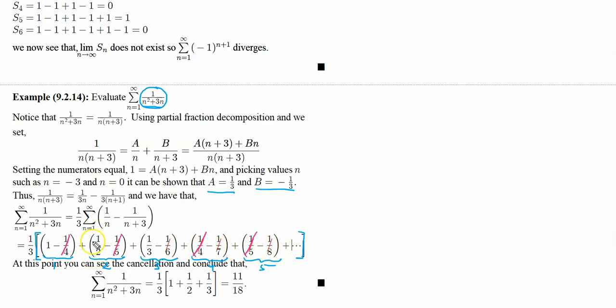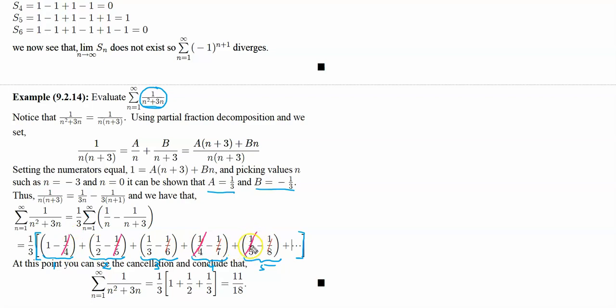So this doesn't cancel with anything. Similarly, the 1/3 doesn't cancel with anything, because you see you go -1/6, -1/7, -1/8, you're not going to get any more -1/3s. So that 1/3 doesn't cancel with anything. But from here on out, this 1/4 right here canceled with this 1/4 all the way back here.